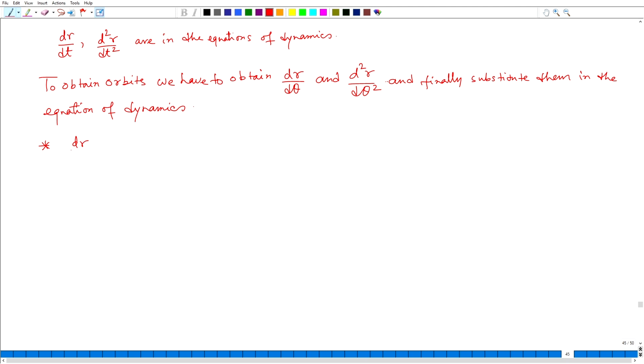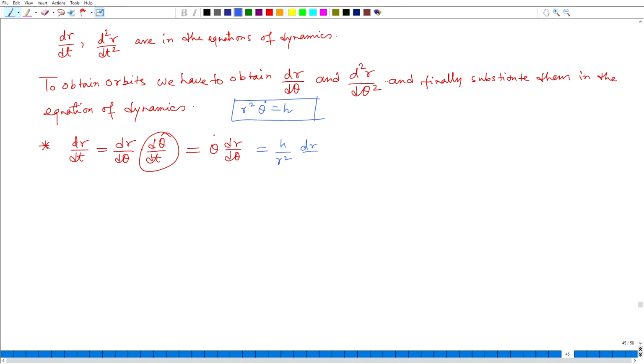Of course, you know dr dt will be equal to dr d theta dot d theta dt, and that is nothing but theta dot dr d theta, and theta dot, we have the famous equation here which we will use always, r square theta dot is equal to h, which is constant. So, theta dot will be h by r square, so it will be h by r square dr d theta.